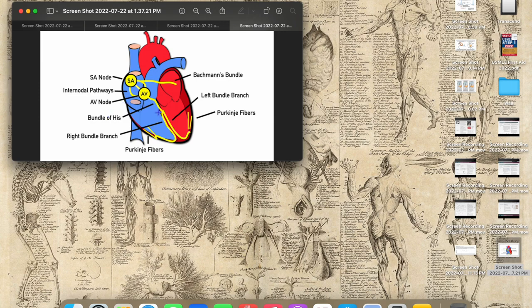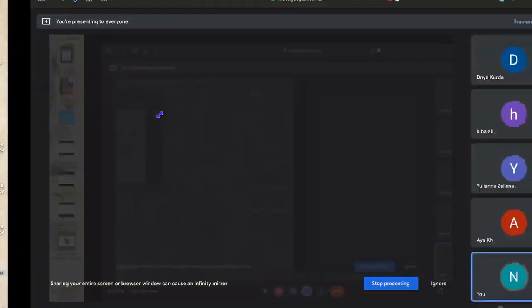The electrical impulses come from here, right? But say there's some kind of block over here, and it's not able to conduct, then you're going to have a delay in that too.